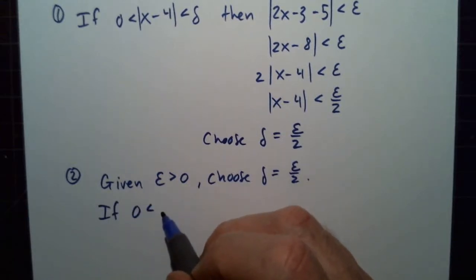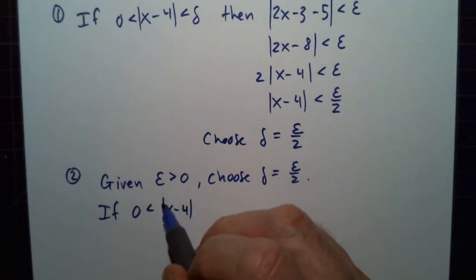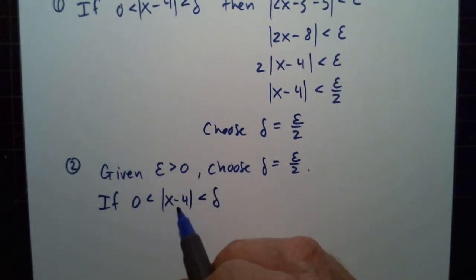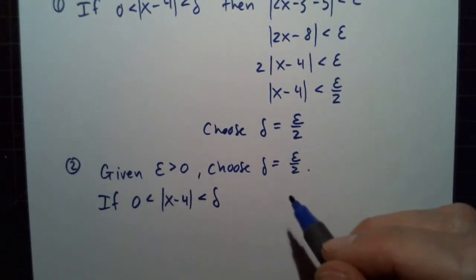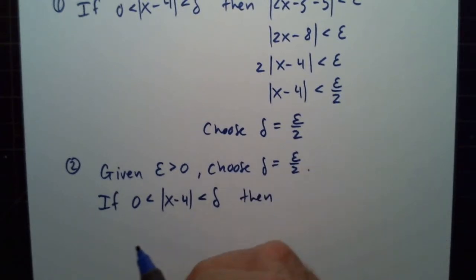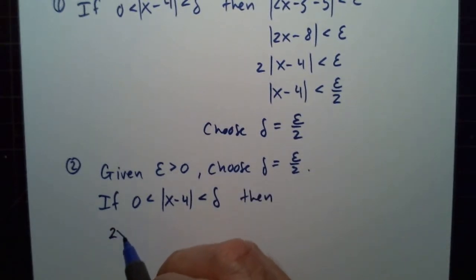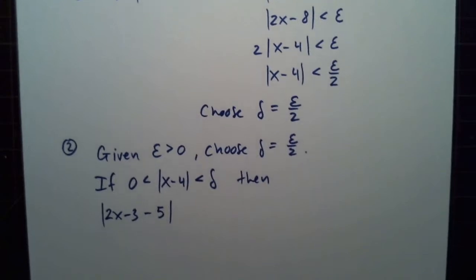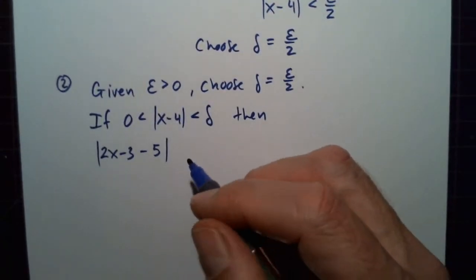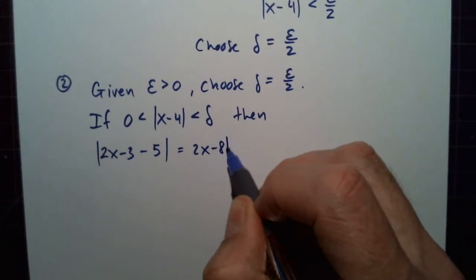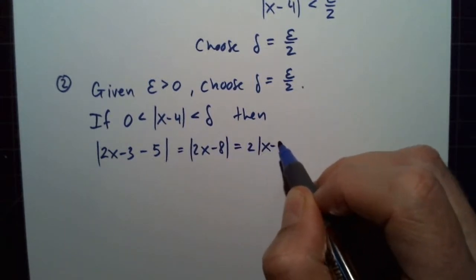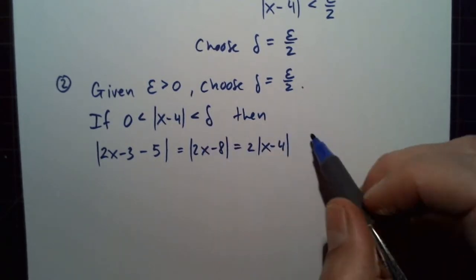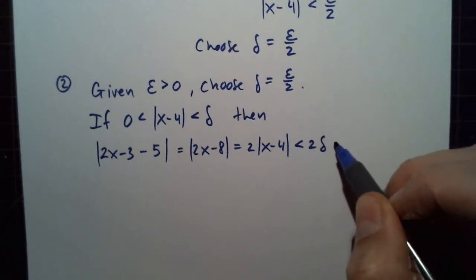If the x value is within delta of 4, then |f(x) - L| equals |2x - 8|, which equals 2|x - 4|. |x - 4| is less than delta, so this is less than 2 delta.